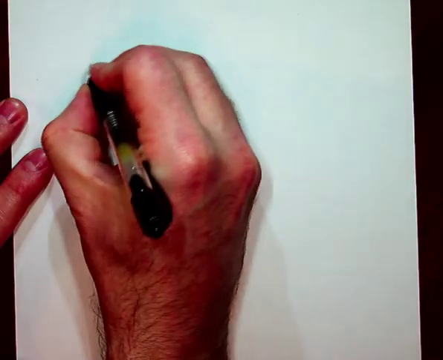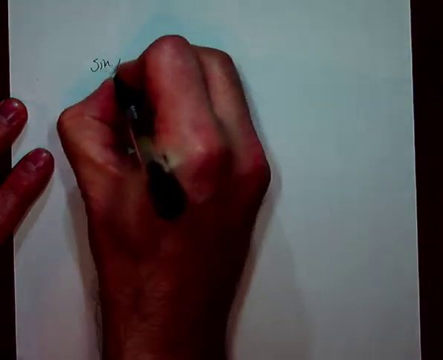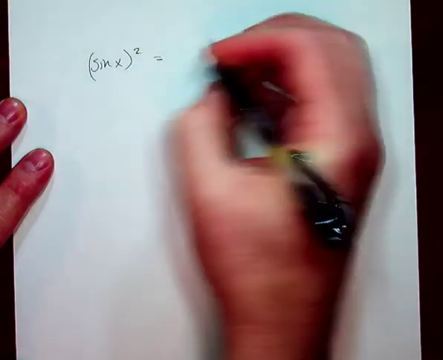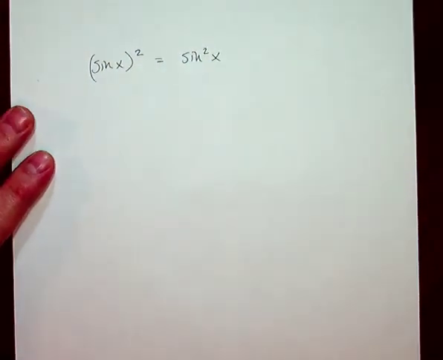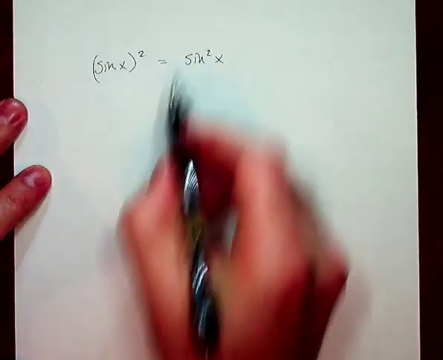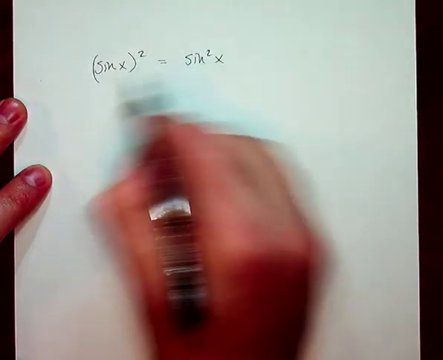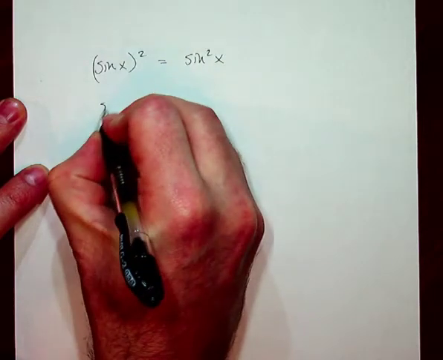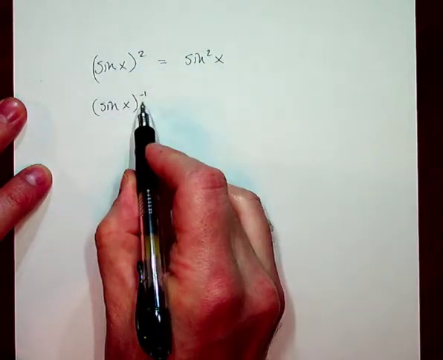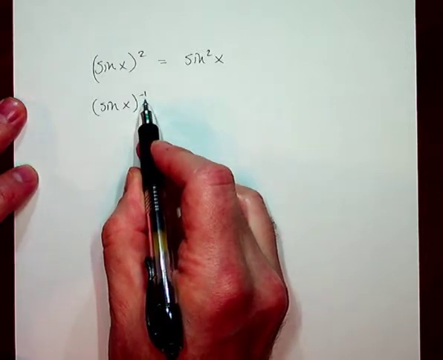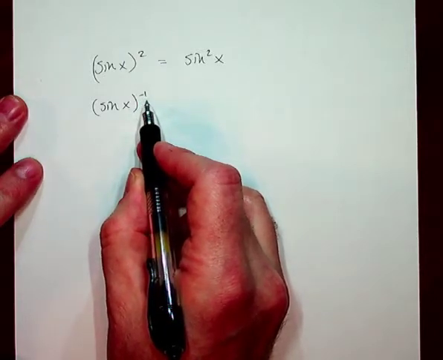And this is going to be really frustrating, because when we have sine x squared, that can be turned into sine squared x, right? Because the squaring means the same thing. If I have sine x to the -1, -1 as an exponent means reciprocal, right?